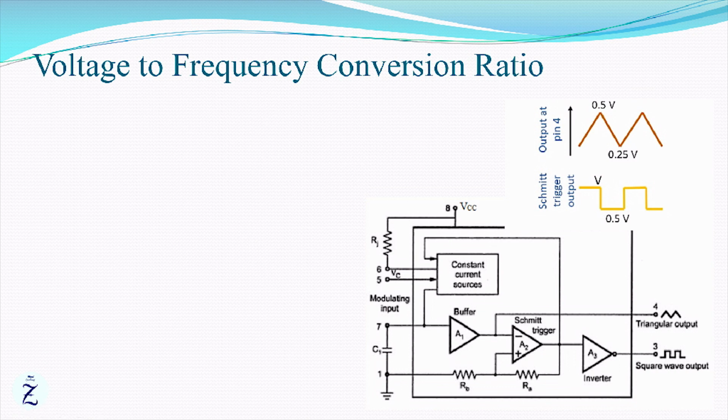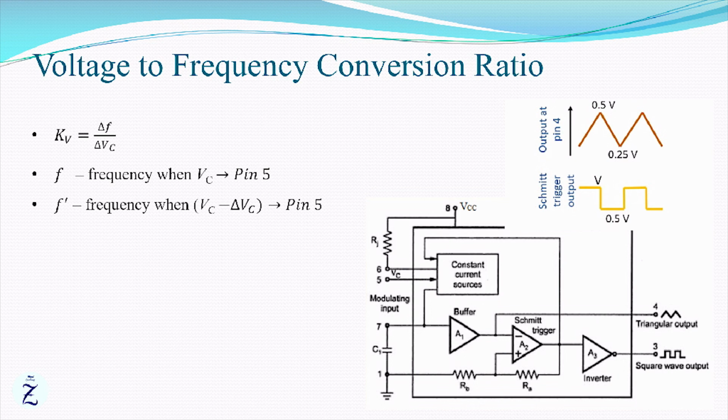It is defined as the ratio of change in frequency with respect to change in control voltage. It is denoted by kV and is equal to delta f divided by delta VC. Let f be the frequency when the control voltage is VC and f dash be the new frequency when the control voltage is reduced by delta VC. Hence, f dash is equal to 2 into VCC minus (VC minus delta VC) whole divided by R1 C1 into VCC.